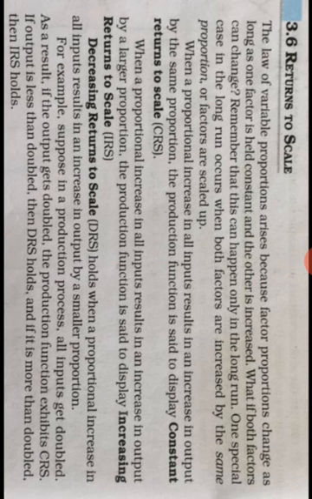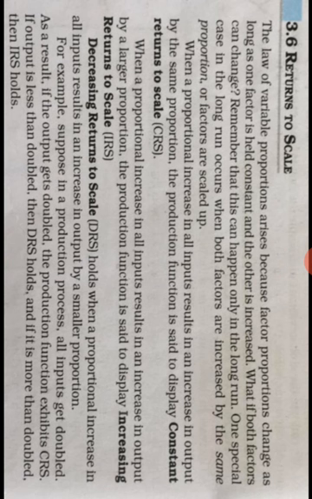The constant is capital, which we are not considering in this part. So what happens when both the factors, capital and labor, are changing? That we are going to study here under the law of return to scale.